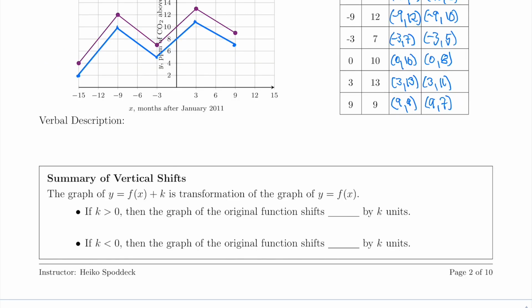So we can conclude from here that if we are adding a number to our function value, just like here in f of x plus k, and if k is greater than 0, then we're shifting up, and if k is less than 0, so when we had minus 2, then the function shifts down.